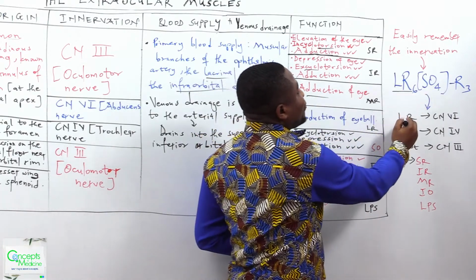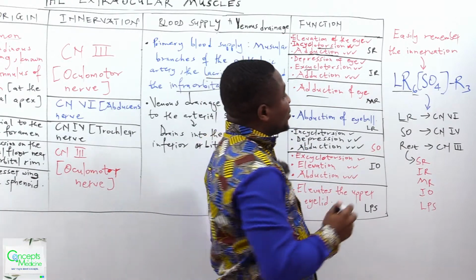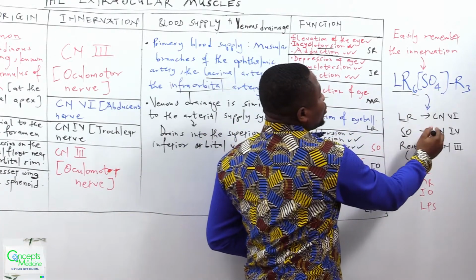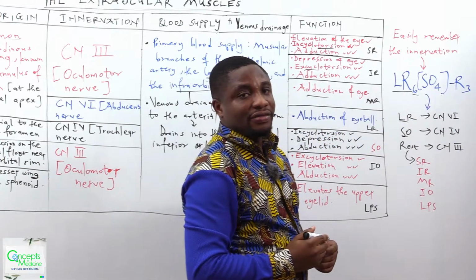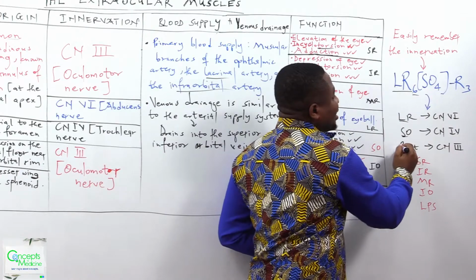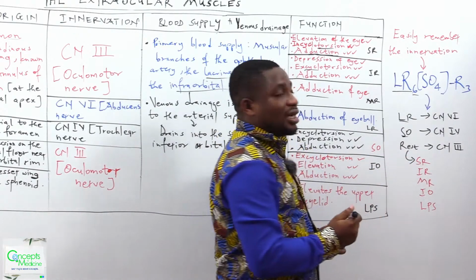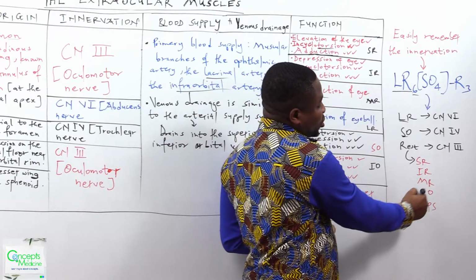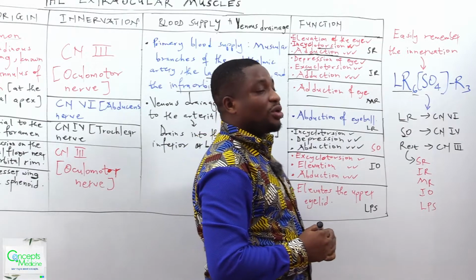The LR standing for lateral rectus, the 6 meaning the 6th cranial nerve, SO standing for superior oblique, 4 meaning the 4th cranial nerve, then the R means the rest. When we are talking about the rest, we are talking about the superior rectus, the inferior rectus, the medial rectus, the inferior oblique, and the levator palpebrae superioris.